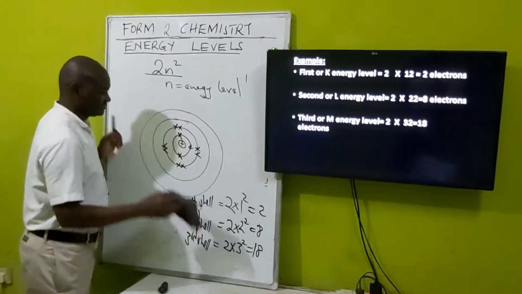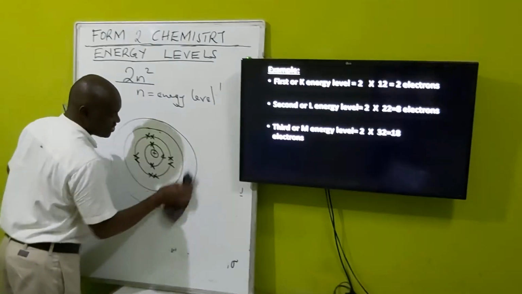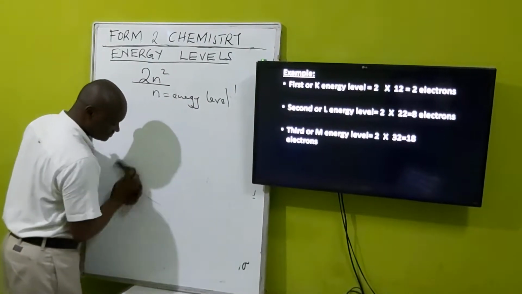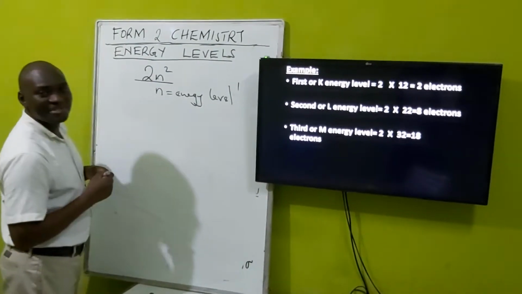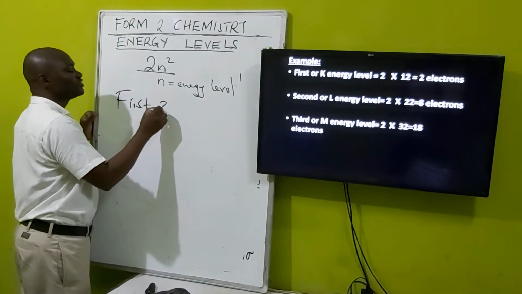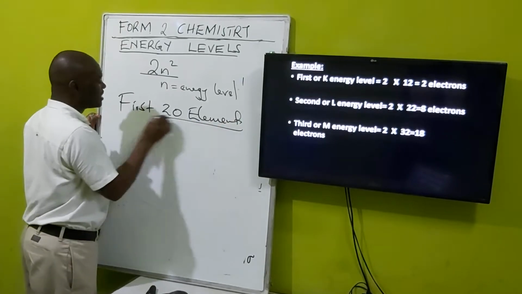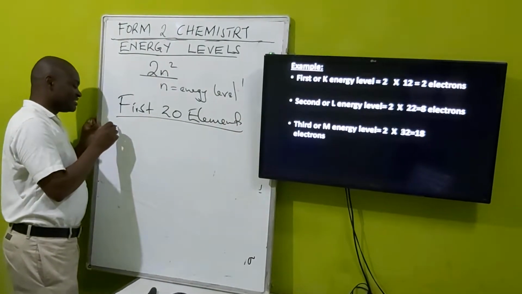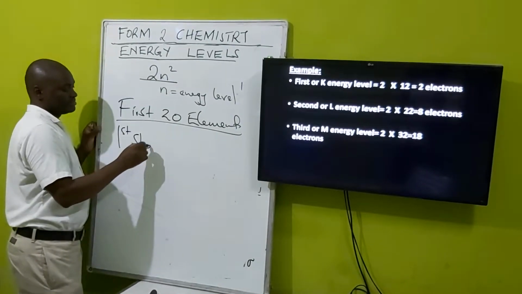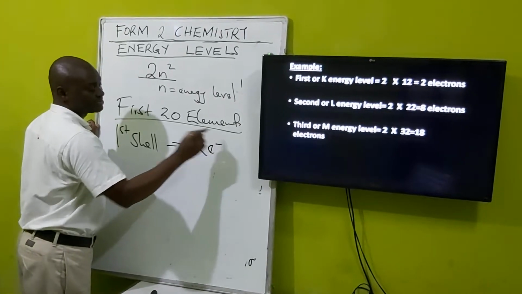However, when dealing with the first 20 elements, the first shell can carry a maximum of 2 electrons.